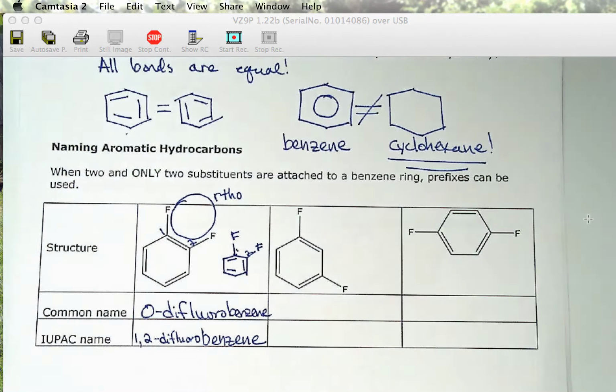So these common names, ortho, meta, and para, only apply when you have two substituents. So like this isomer here, m-difluorobenzene. The next one is p-difluorobenzene.